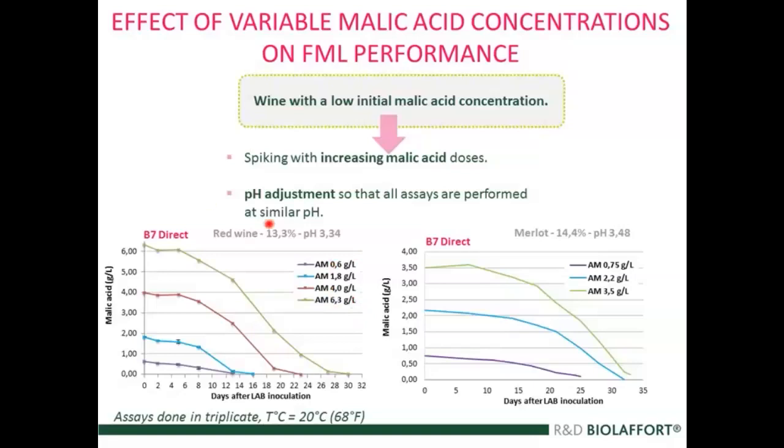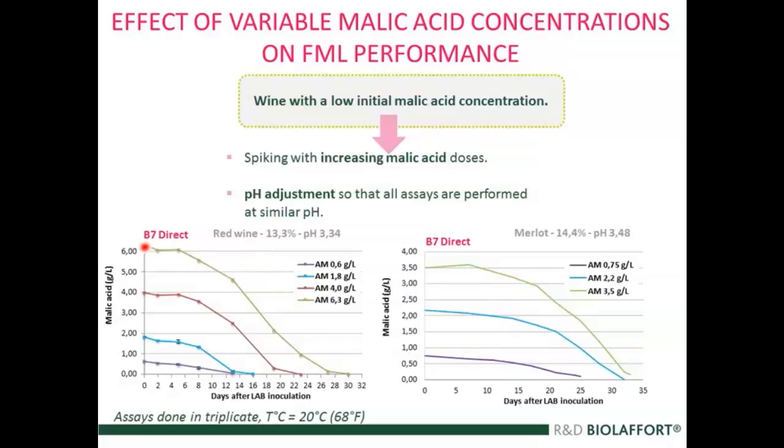Of course, by doing that, we changed the pH of the wine. We adjusted the pH of these wines so that the only parameter that actually changed in the wine was the initial malic acid concentration.